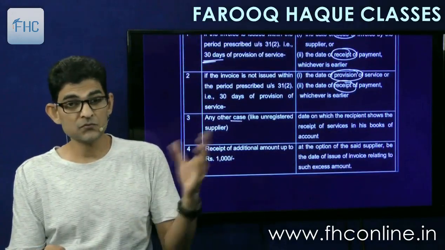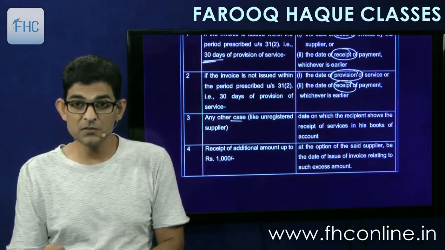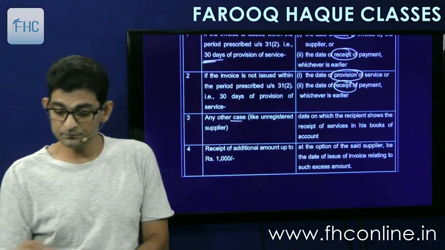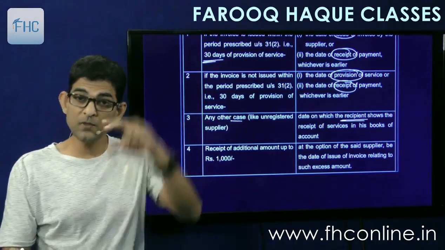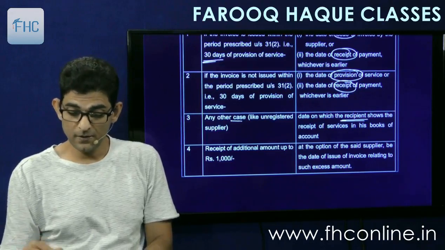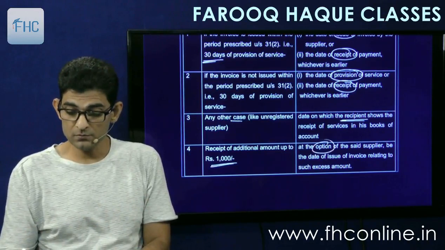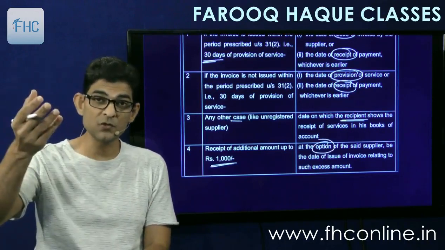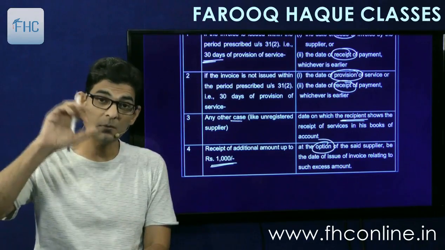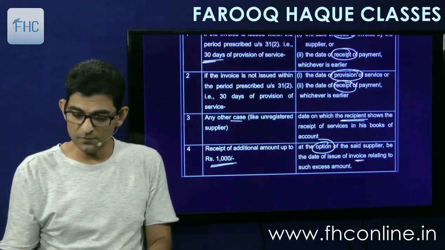In other cases where you don't have these dates, for example, unregistered supplier, the date when the recipient enters the service in his books, and for additional amount up to ₹1,000, the option to take the next invoice date when this additional amount will be adjusted. So all these points have to be remembered.